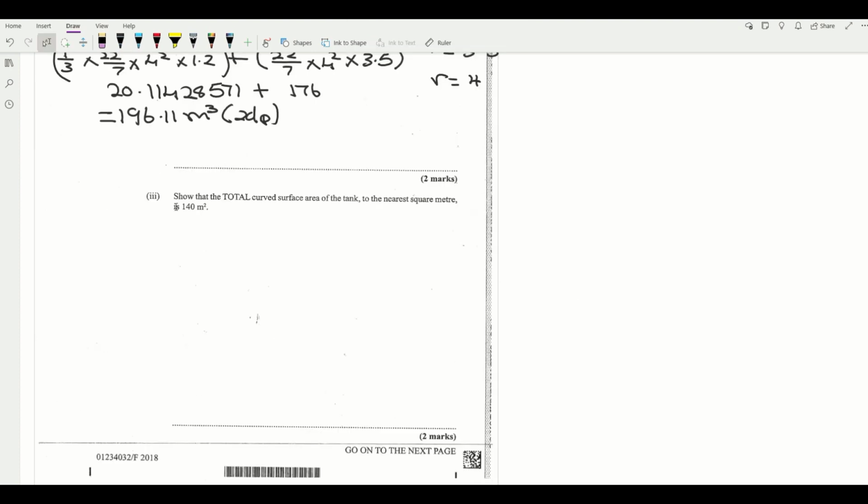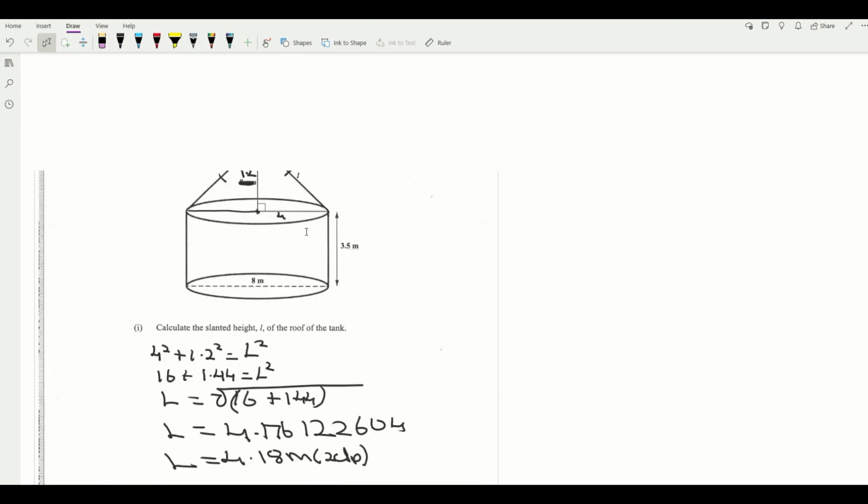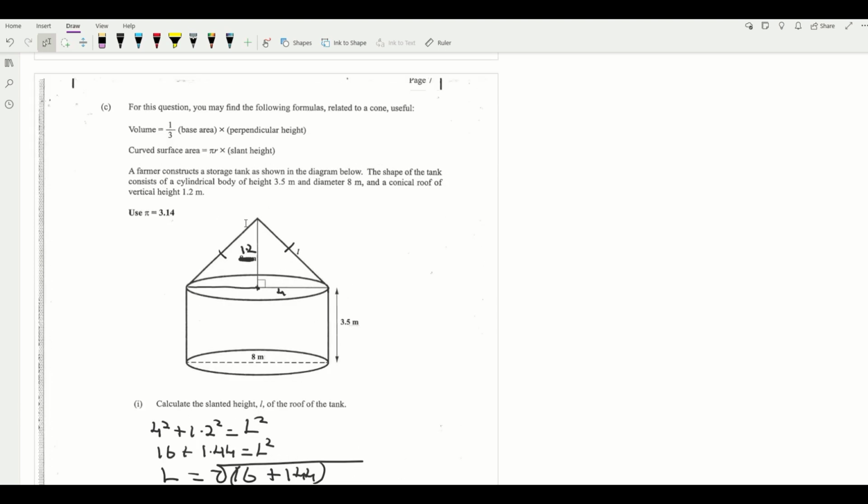Show that the total curved surface area of the tank to the nearest square meter is 140. So that means we have this curved area and this curved area.